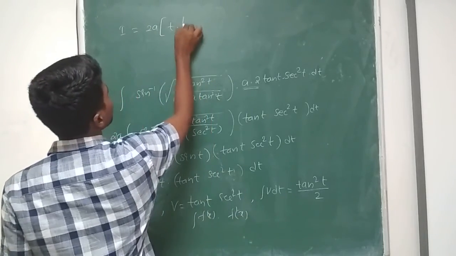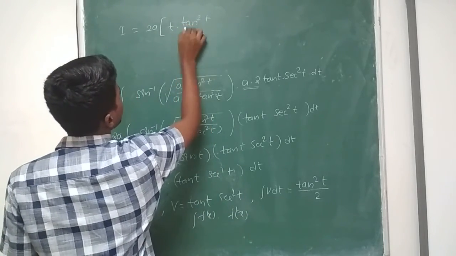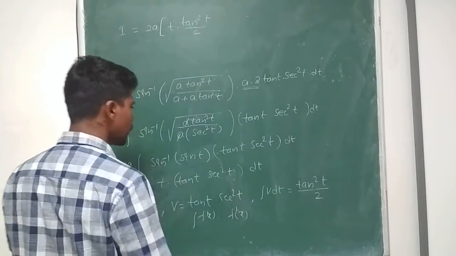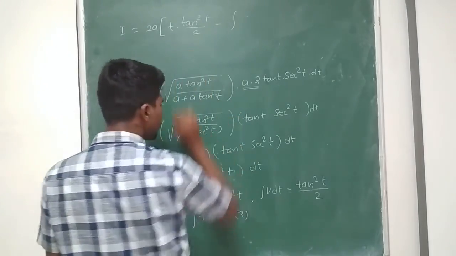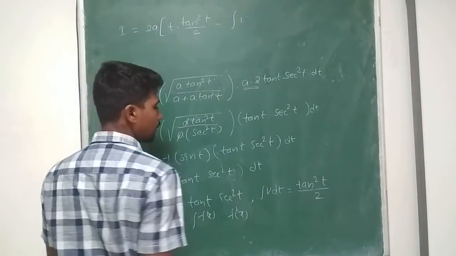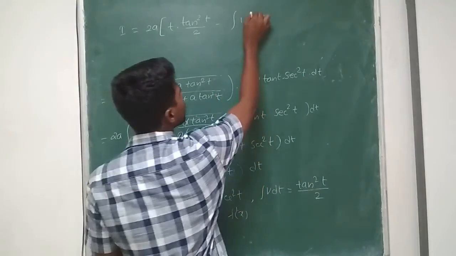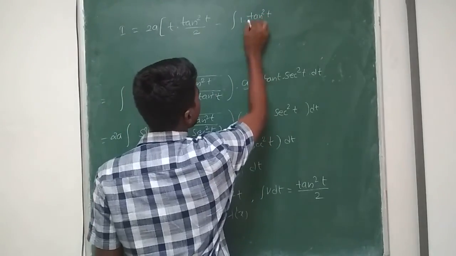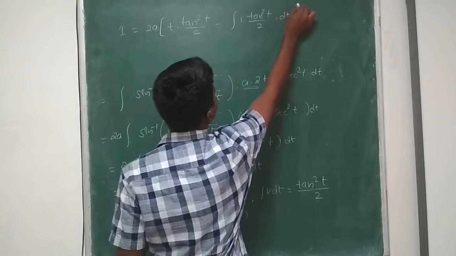Integral v is nothing but tan square t by 2, minus integral of the derivative of t with respect to t, which is 1, into integral v dt, which is tan square t by 2 dt.